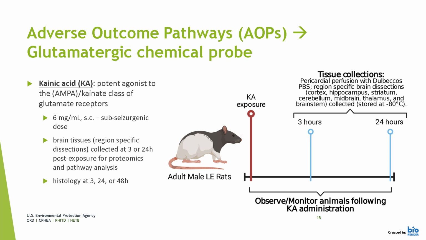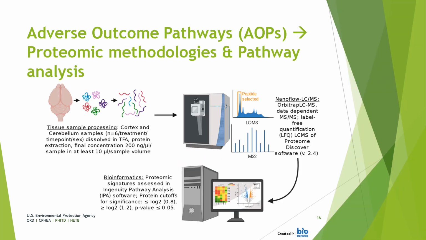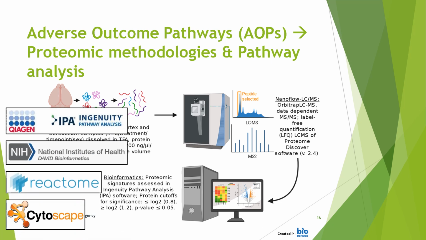Histology was also performed at similar time points as well as 48 hours after exposure. Tissue samples were then processed and analyzed on the Orbitrap mass spec and further assessed in Proteome Discoverer. Those results were then applied to bioinformatics software, which is what I'll be showing you today. Due to time, I will be focusing on effects in the hippocampus for kainic acid exposed animals compared to controls.